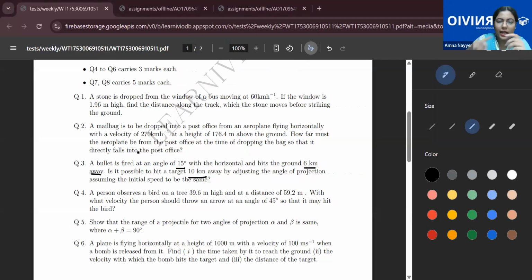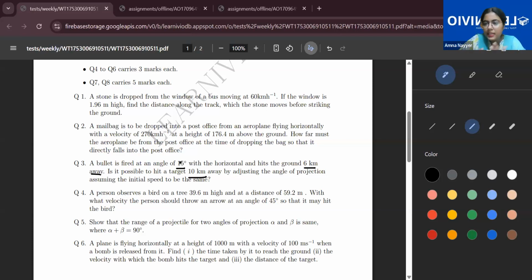If I want to find out whether I will be able to hit anything at a certain distance, I should know the basic distance if I am throwing something at an angle of 15 degrees from the ground. If I know I'm throwing it at this angle and for this particular distance, I should know all the possible ranges.